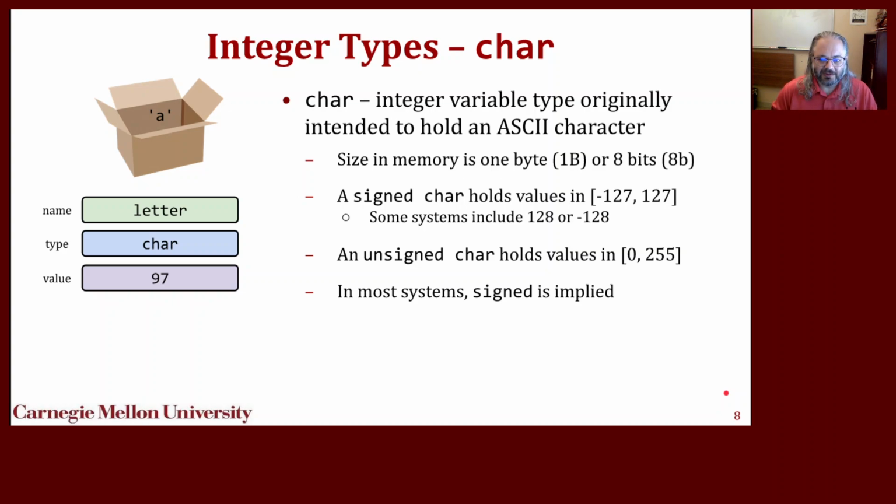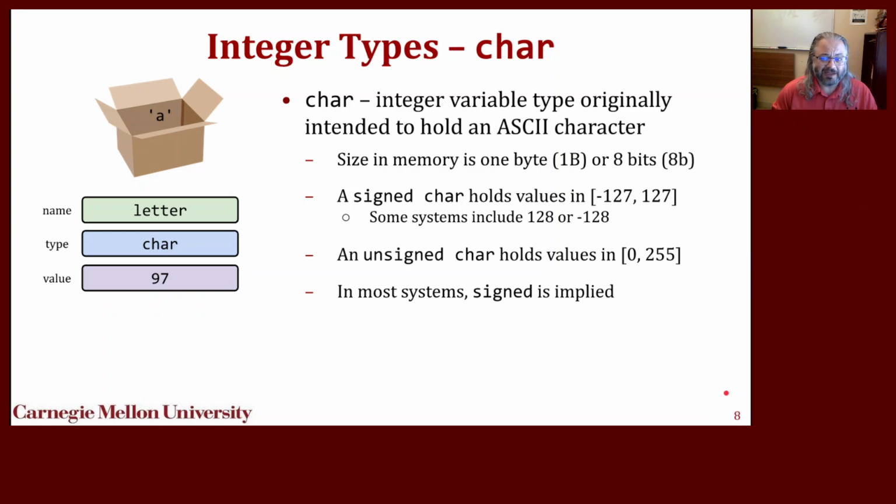A single signed character can take values in the range of -127 to 127. In some systems, this range is extended to include either 128 or -128. It can't include both because there aren't enough bits. We can only represent 256 unique values using 8 bits.